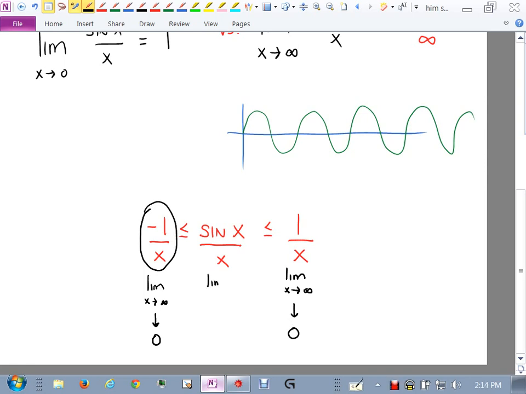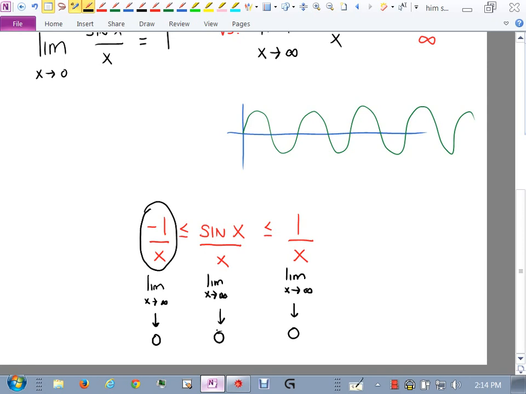So the limit in the middle is stuck between the two limits on the outside. But what are the two limits on the outside? 0, which means that limit in the middle must also go to 0. This is what's known as the squeeze theorem.